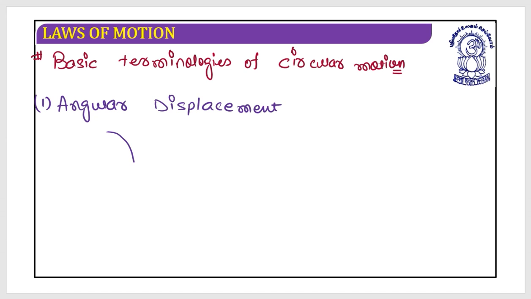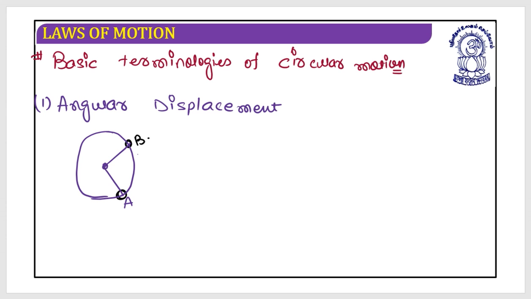What is it? Let's understand that this is a circle, this is its center, this is its arc, and this is A, and your particle has started its journey from here and it reaches here. This is point B.